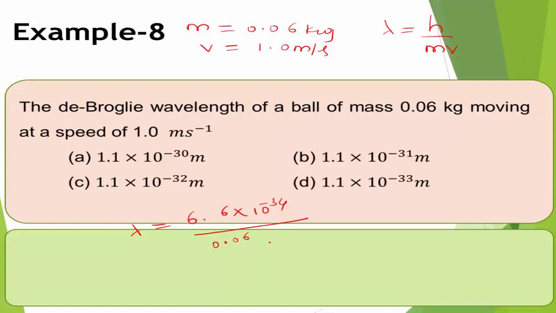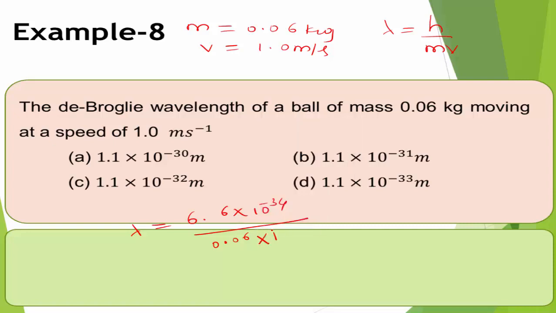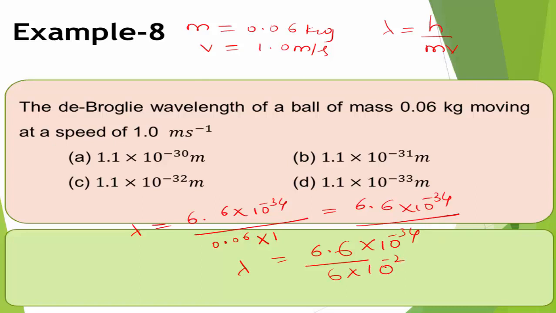Lambda is equal to 6.6 into 10 to the power of minus 34 divided by 0.06 into 1, or 6.6 into 10 to the power of minus 34 divided by 6 into 10 to the power of minus 2. 6.6 divided by 6 is 1.1, and minus 2 becomes plus 2.